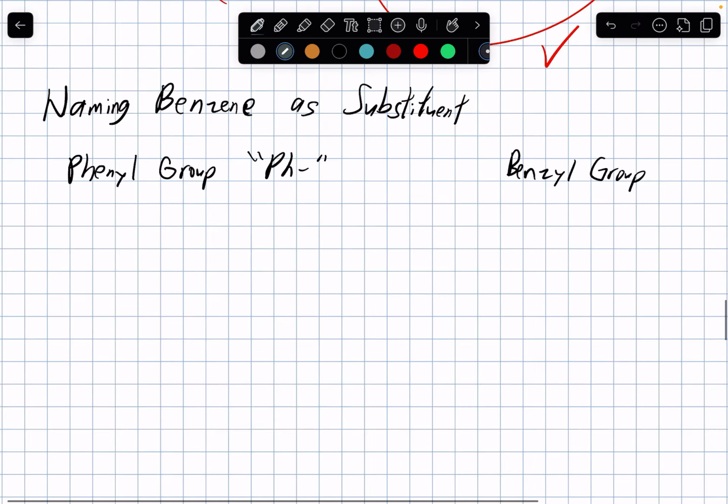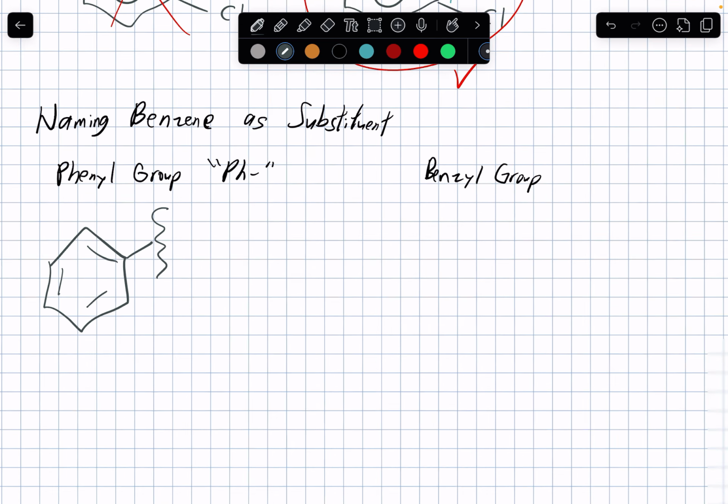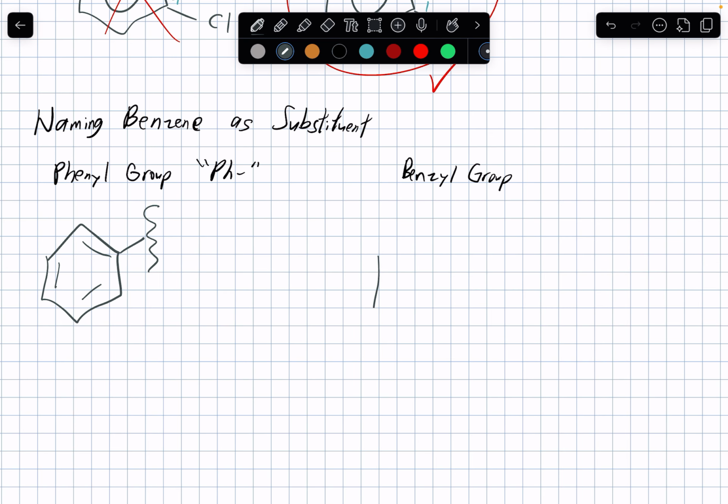For the phenyl group, draw this, and anything could be attached to it. The benzene itself is a phenyl group if it's directly attached to a parent chain. It is called a benzyl group if you see the substituent like this.